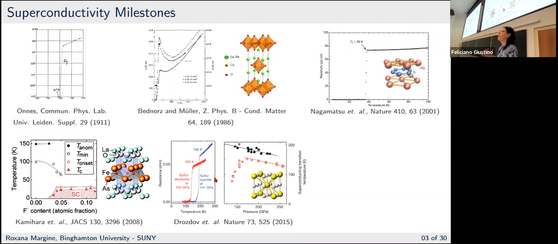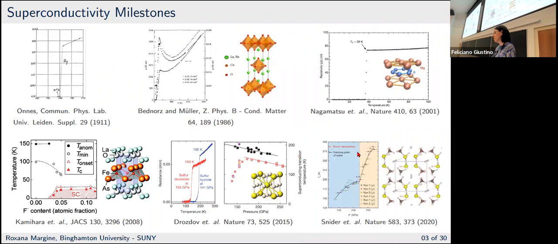This requires specific experiments with diamond anvil cells, and the quantity of material that you get is basically just tiny. The discovery in this class of materials has now culminated with the room temperature superconductivity that was found in 2020 in a compound made of carbon, hydrogen, and sulfur.